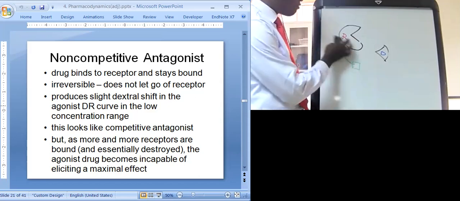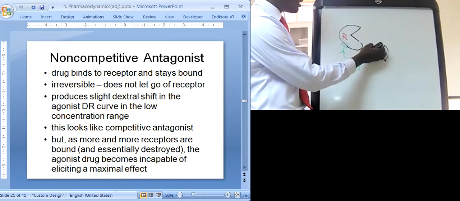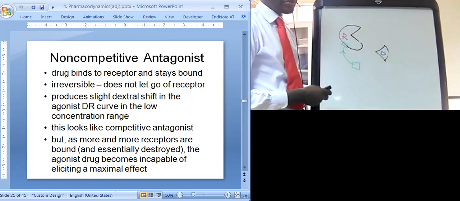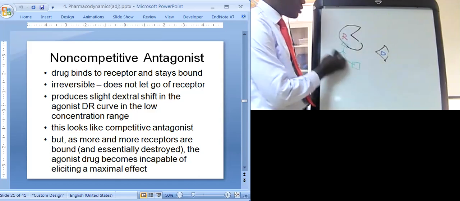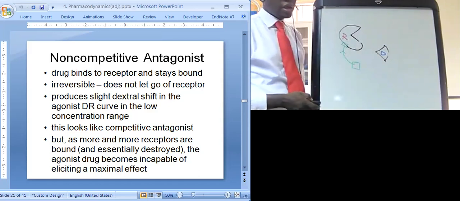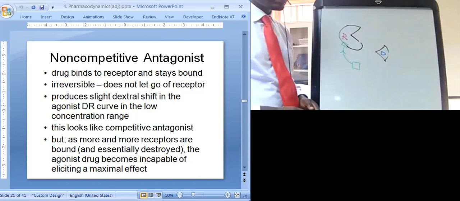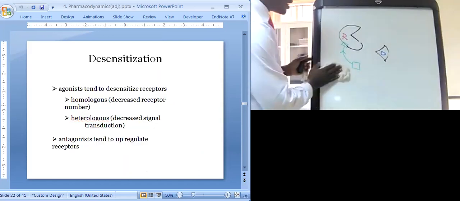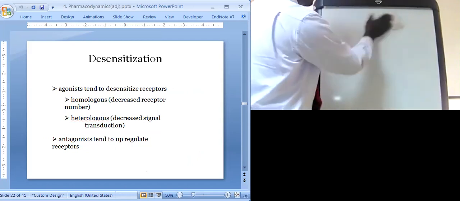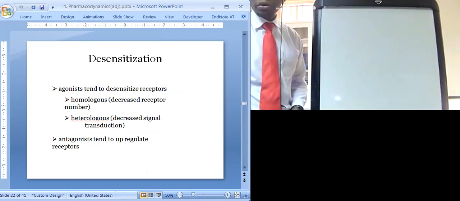As we have more of these binds, we shall no longer have this drug eliciting a maximum response here, because it is being non-competitively antagonized by this antagonist. All right, so that is basically what we heard as far as agonists and antagonists are concerned.